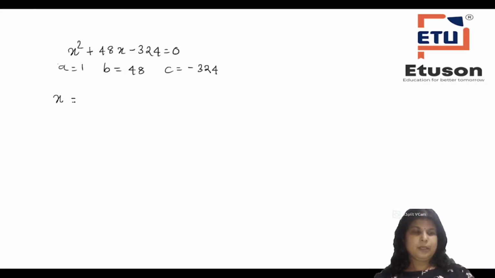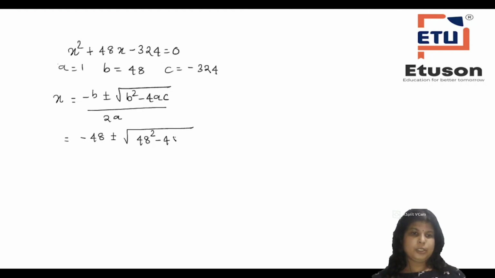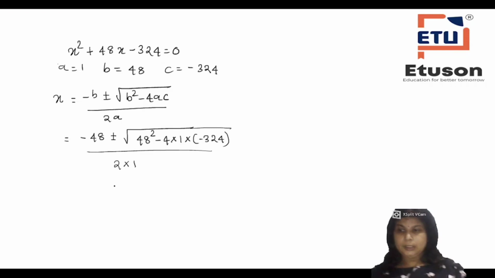So what will be the value of x? x equal to minus b plus minus square root of b square minus 4ac divided by 2a. Correct or not? So it is minus 48 plus or minus square root of 48 square minus 4 into 1 into minus 324 divided by 2 into 1. Correct.